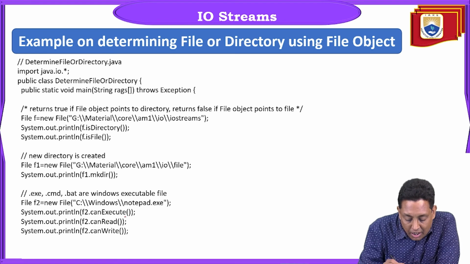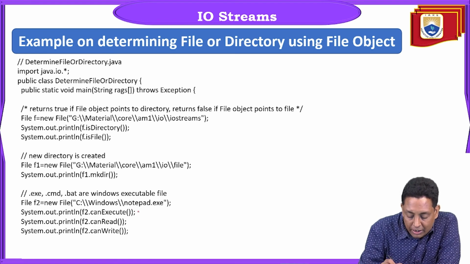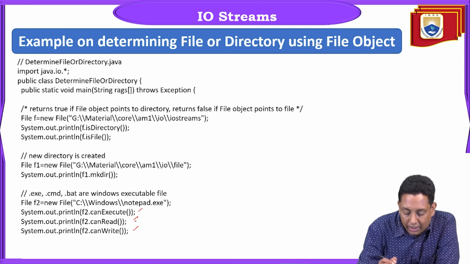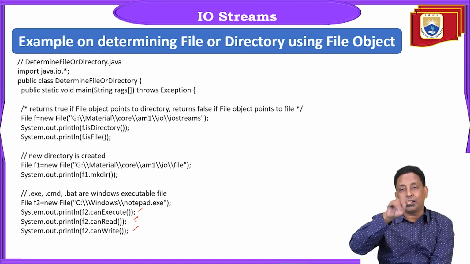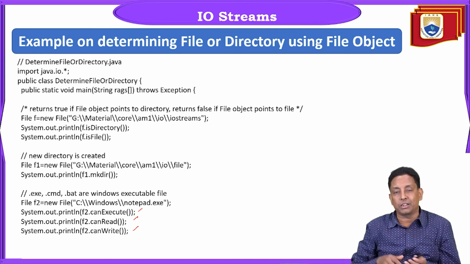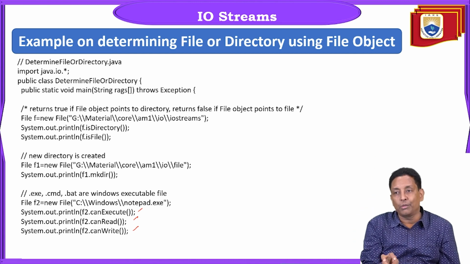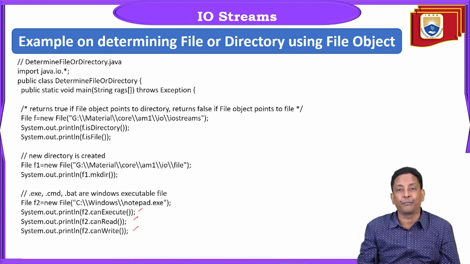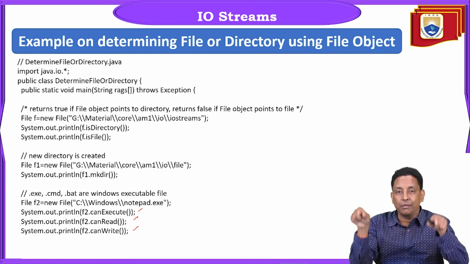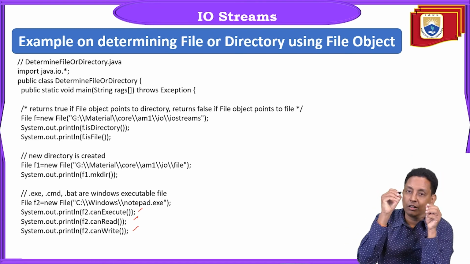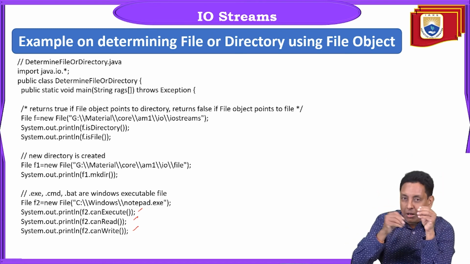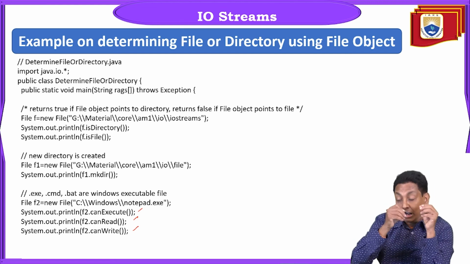Plus, extra methods the file object has are canExecute, canRead, and canWrite. And each file has file attributes, isn't it? If you right-click on the file, a drop-down menu will open. If you go to the properties menu item, file properties will be displayed: read, write, archive, some checkboxes, even hidden.